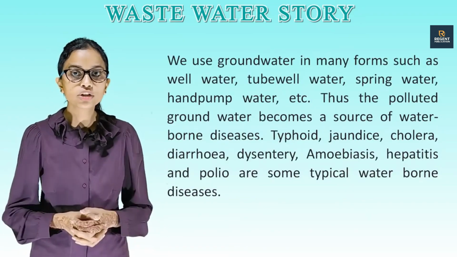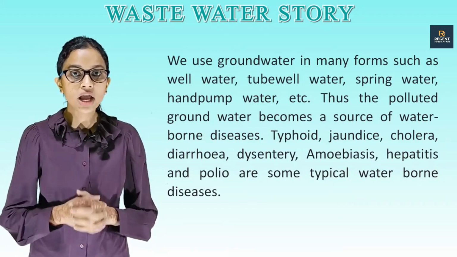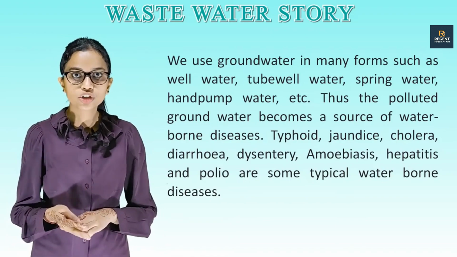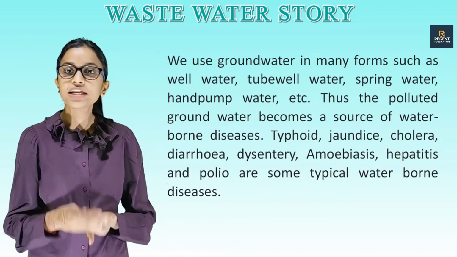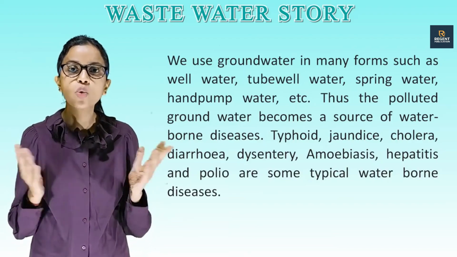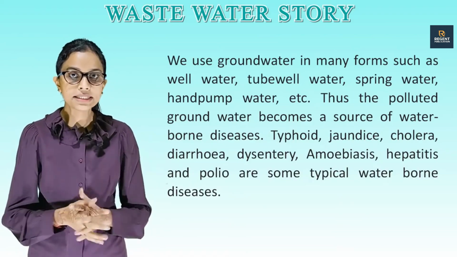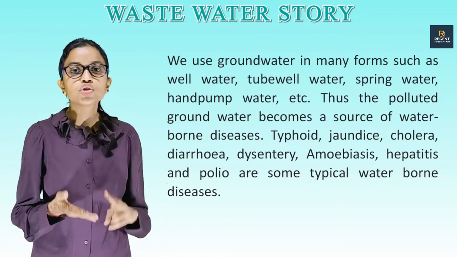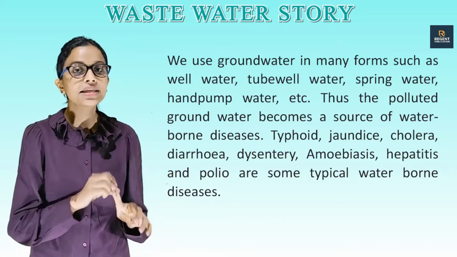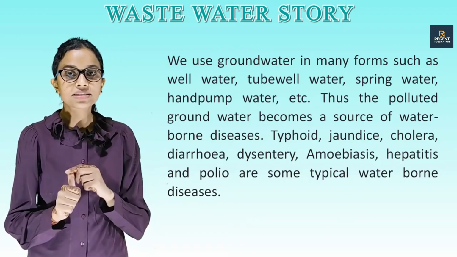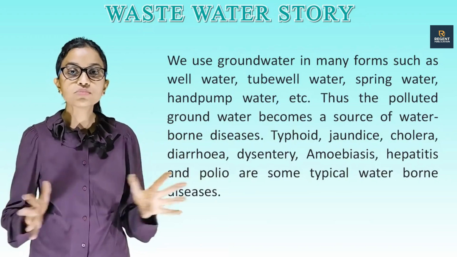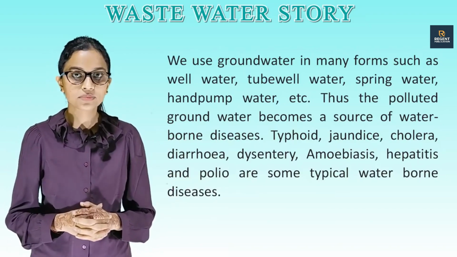We use groundwater in many forms such as well water, tube well water, spring water, hand pump water, etc. Thus, the polluted groundwater becomes a source of waterborne diseases. Typhoid, jaundice, cholera, diarrhea, dysentery, amoebiasis, hepatitis, and polio are some typical waterborne diseases.